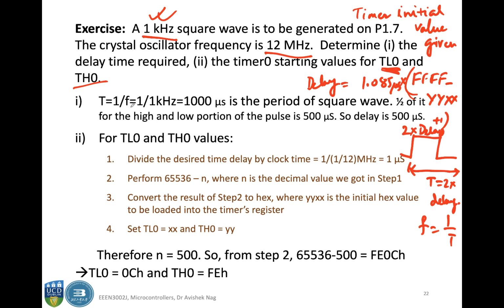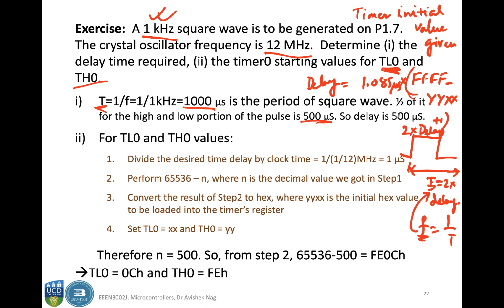If you have a 1 kilohertz square wave, then the period is 1000 microseconds. You work backwards from F to calculate T, and 2 times the delay is your T. So the delay that you need is actually 500 microseconds.